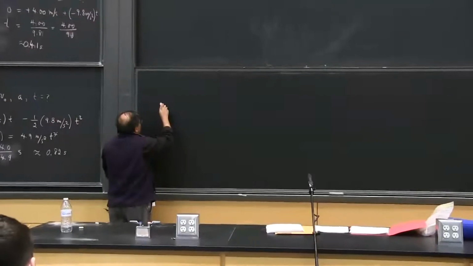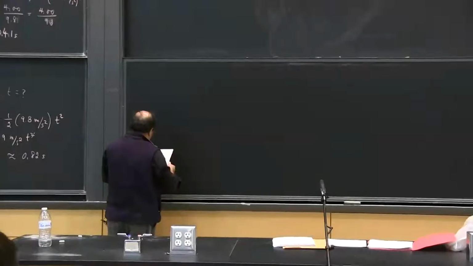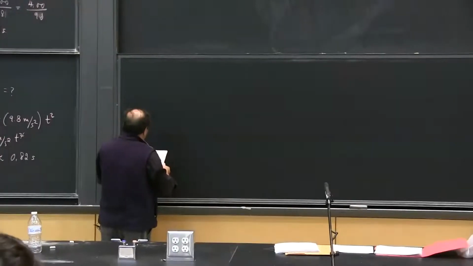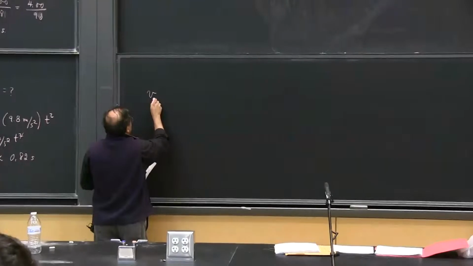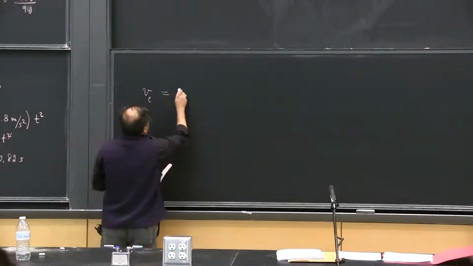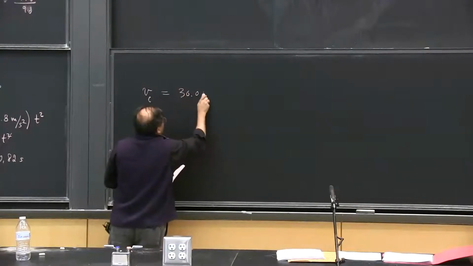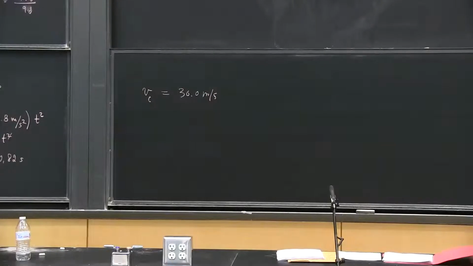So let us say you are going at some velocity. This is v, let's say vc, signifying your car is going at a velocity of 30.0 meters per second. Suppose that's above the speed limit.